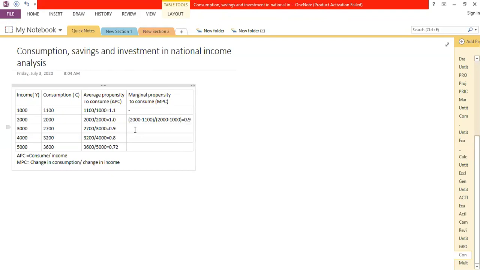Next level, we are measuring between our new level of consumption at 2,700. Previously, we had 2,000. And we divide this one by the difference between our income levels, 3,000, our new level. Previously, we had 2,000. And this will give us a value of, you can see that is 0.7.